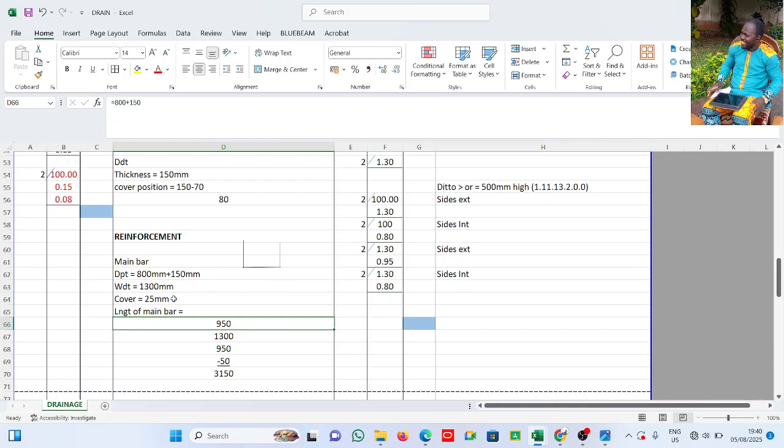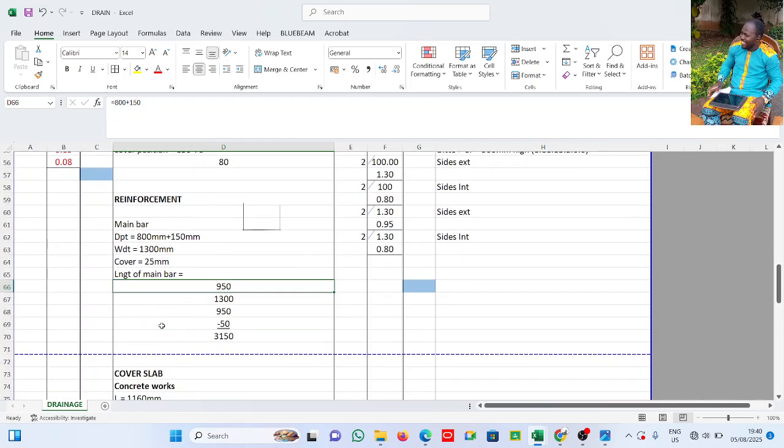Of course, if you want to see the reinforcement, you have to remove cover. Now, what is going to be the length of the main bar? What will be the length of the main bar? This is 800 plus 150. This is the width. This is another 950.